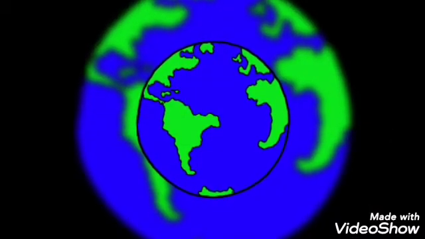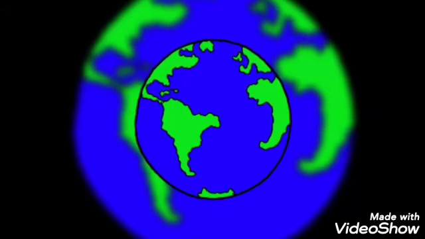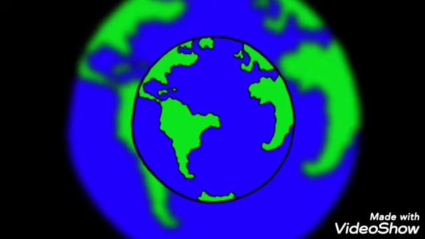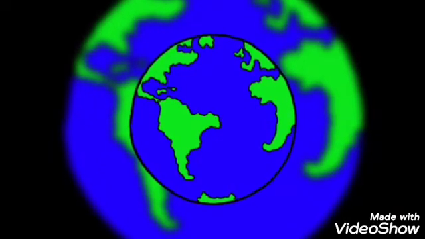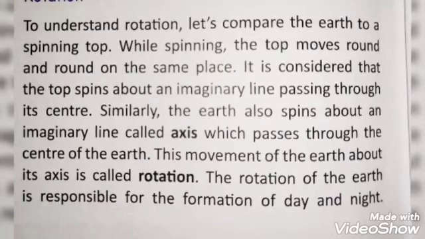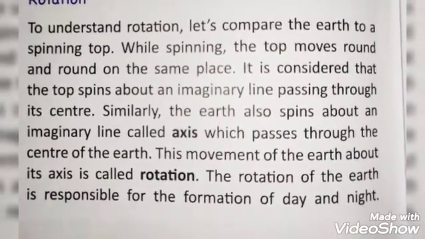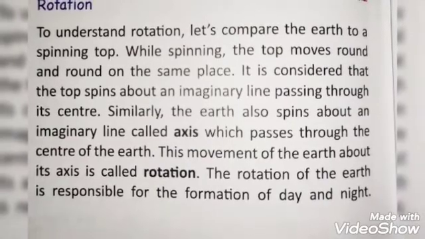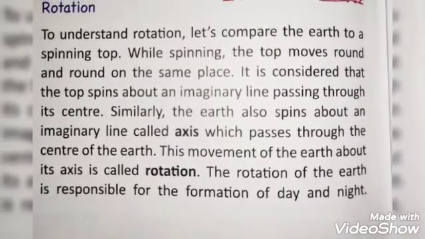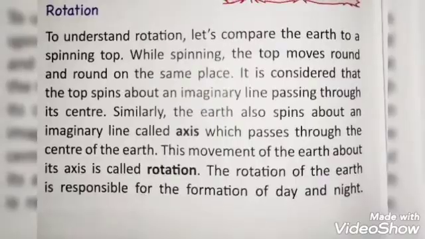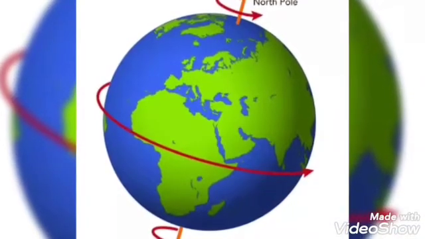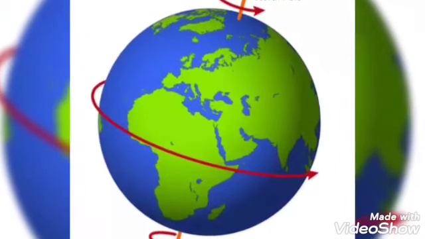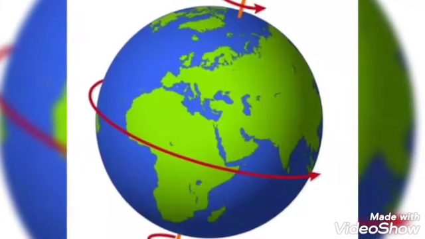So children, since the earth is rotating on its own axis, only half of the earth is facing the sun at a time, and the other half remains in darkness. So half of the earth has day and the other half has night. In this way, day and night formation occurs.